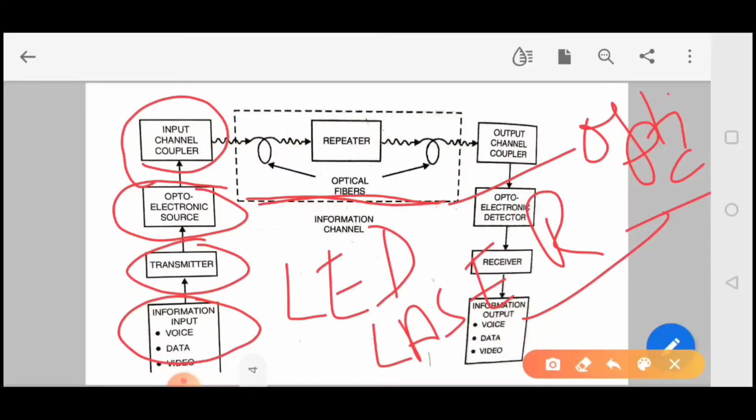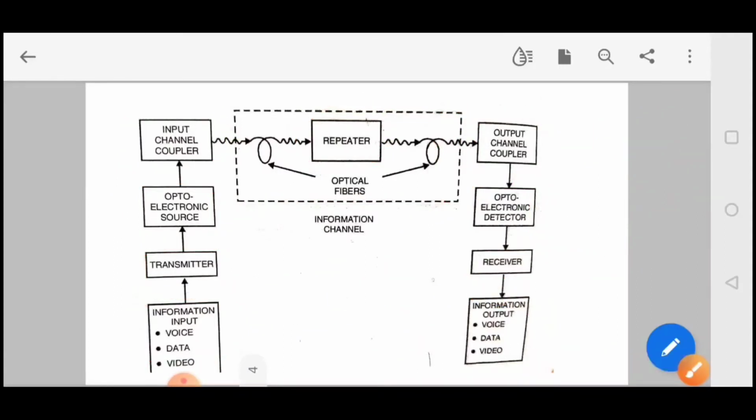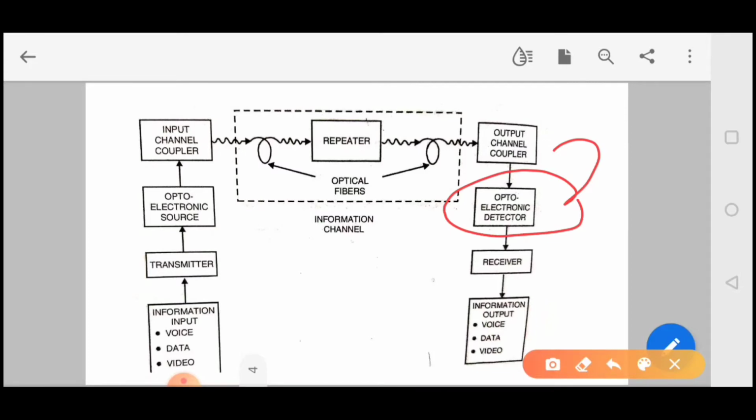In optical fiber we use repeaters in between the two fibers so that we can cover a long distance, and after covering a long distance the optical fiber is again coupled with the output channel coupler, and then the output channel coupler uses an optoelectronic detector, which comes with the PIN or a photodiode.